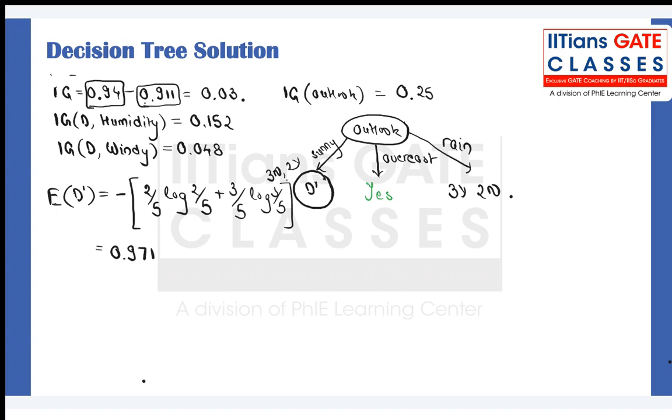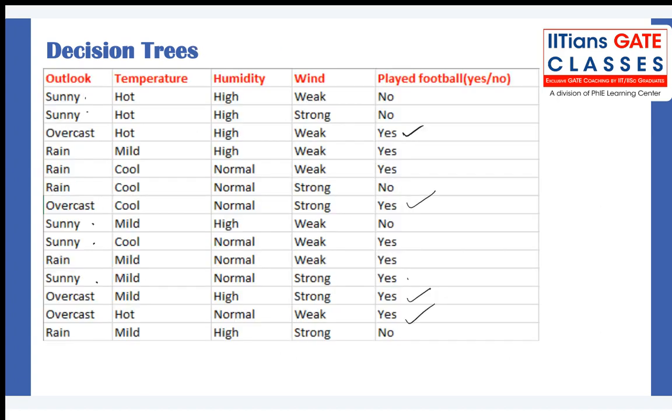Now, if you see, I'm not calculating for all. I'm only calculating for the feature that I know is the best. For humidity, if I calculate the entropy, so now you are only constrained in the sunny data set. Okay, you're not looking at any other data set. And humidity has two values, normal and high. And high is 1, 2, 3, 3 high and 2 normal, right? 3 high and 2 normal.